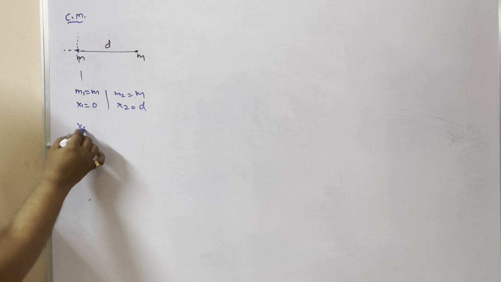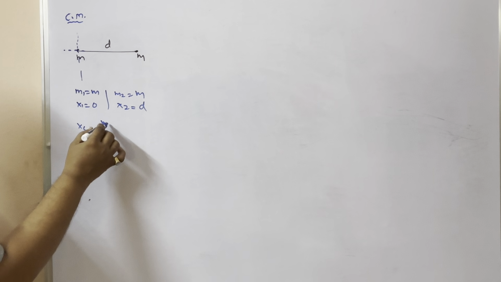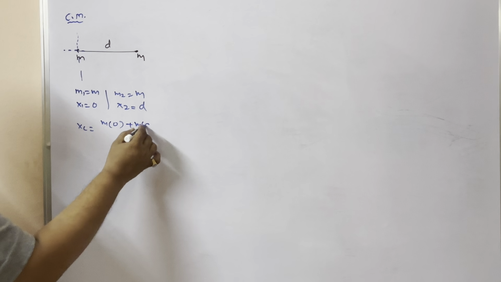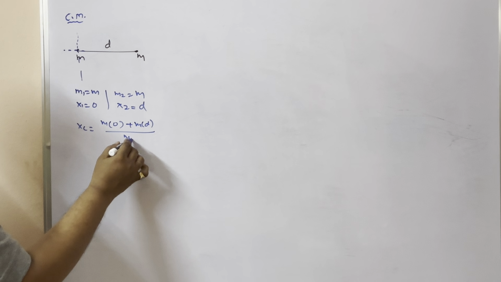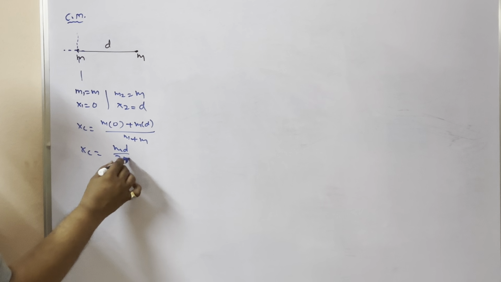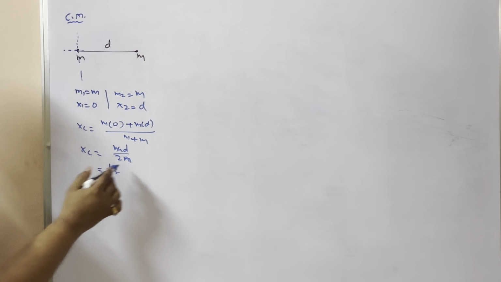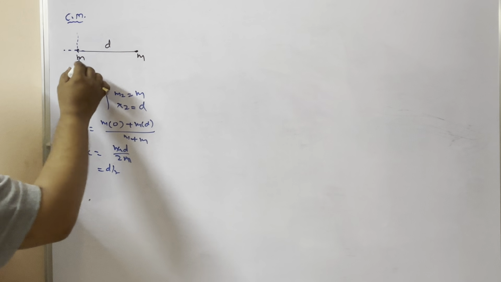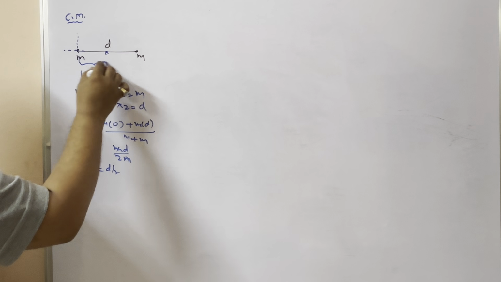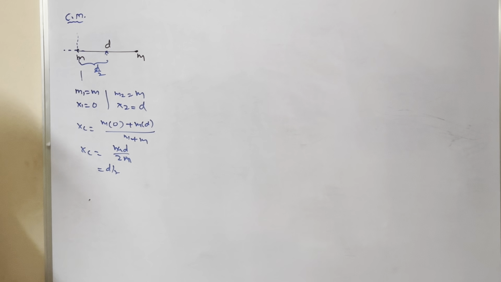Then xc is equal to (m into 0 plus m into d) by (m plus m). Then xc equals md by 2m. So what did you get? d by 2. So if equal masses are there, the center of mass will be exactly at the center, d by 2.